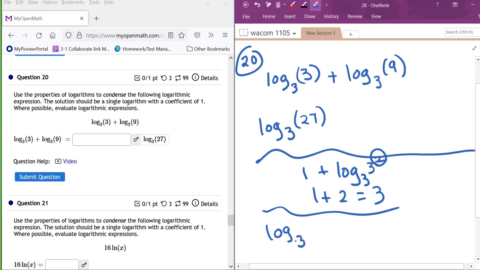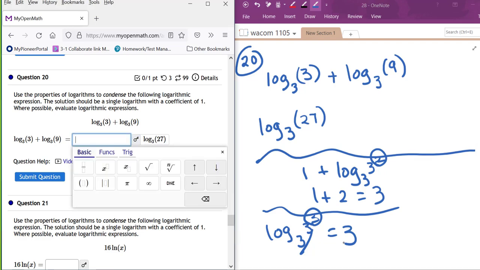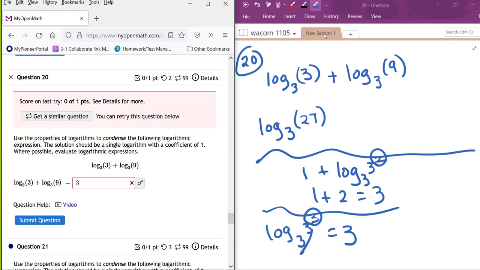Log base 3 of 27 is 3 to the 3rd. These are the same. The answer is 3. So let's type in a 3 and see if they fuss about that. And they did.